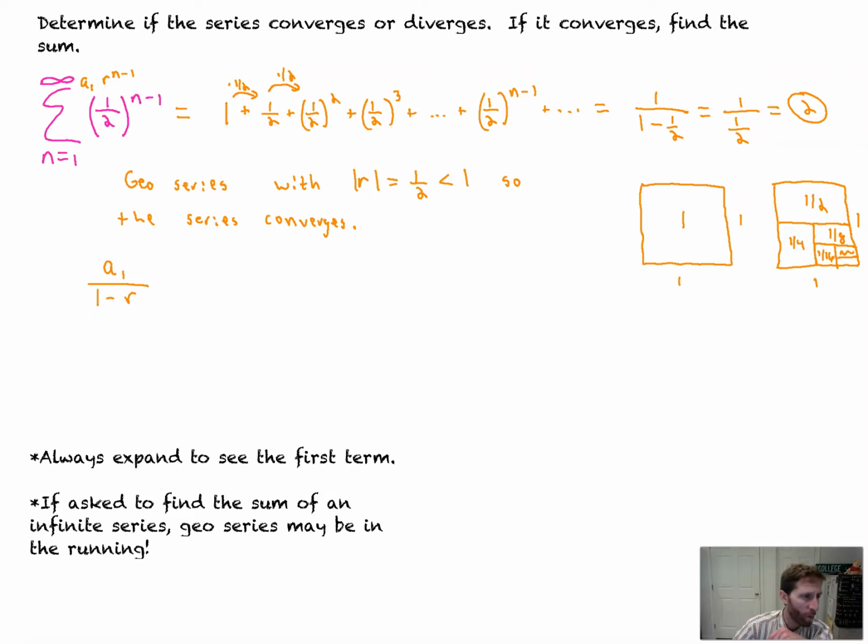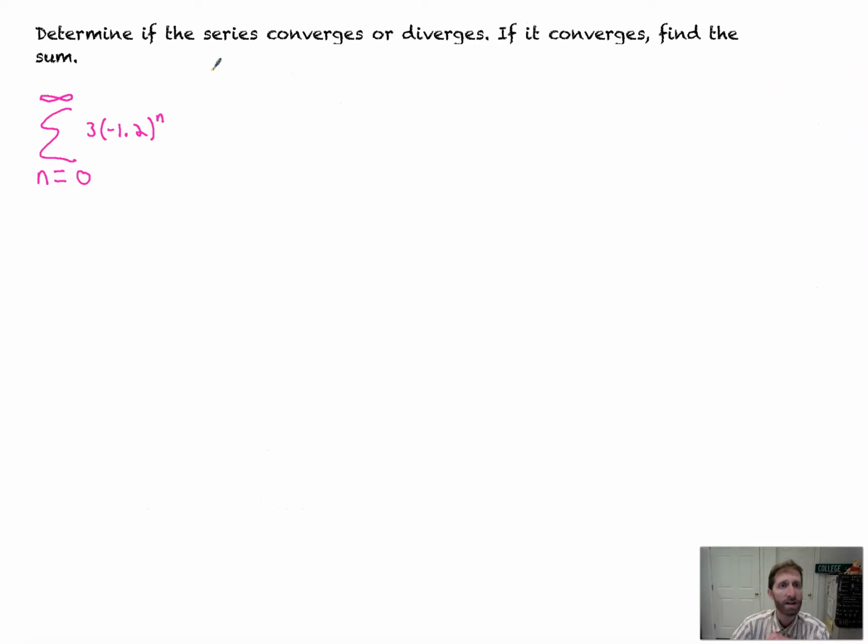All right, let's keep going. We're going to practice just one more of these here. It says, determine if the series converges or diverges. If it converges, find the sum. Okay, now in this case right here, this is a sub 0, and this is r. Now right away we see that the absolute value of this is going to be greater than 1, so it's going to diverge, but let's just stretch it out anyway.